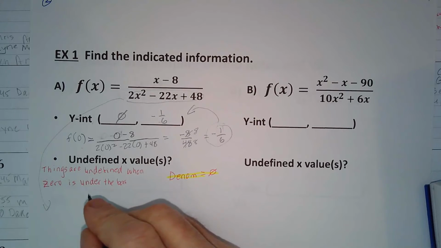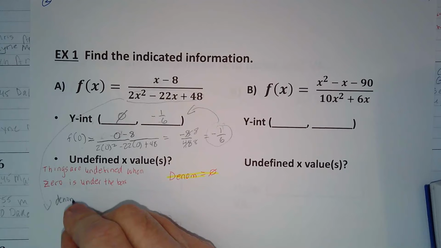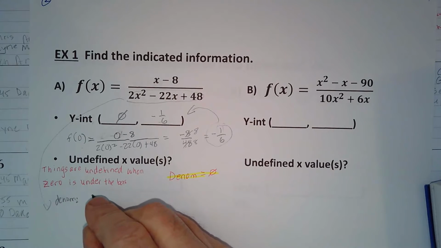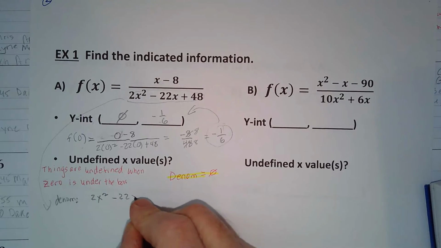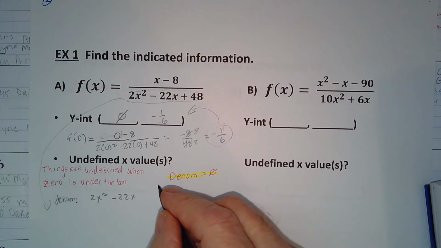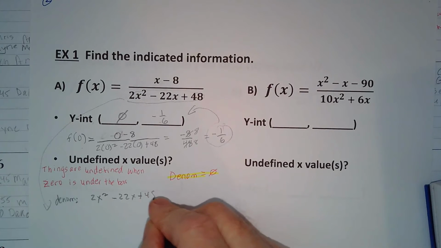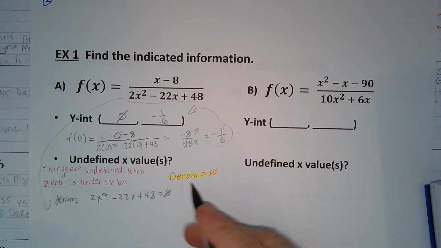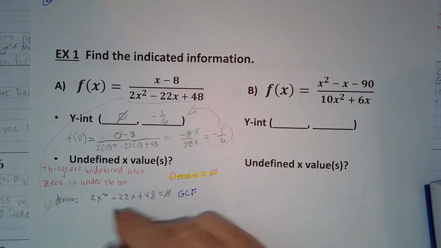And so we're going to write 2x squared minus 22x plus 48 equals 0. So we're just going to factor the denominators. The first thing I want to do is take the GCF out of this, because I've got a GCF that looks like 2.